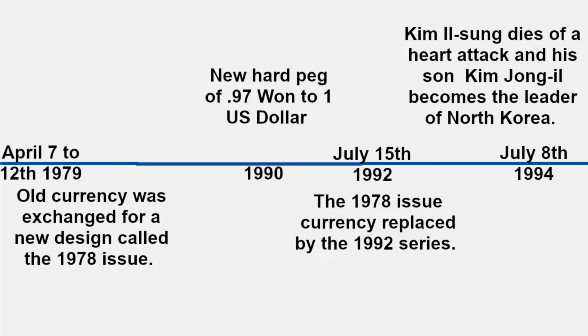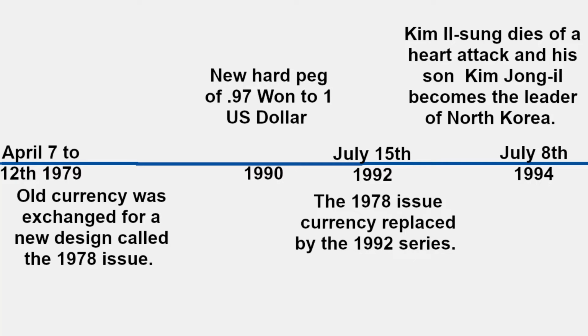So, just to give you an idea, in 1990, they went back to a hard peg. So 0.971 equals $1. Previously, it had been 2.151 to $1 in 1988.